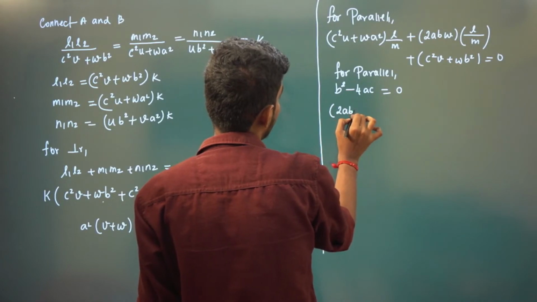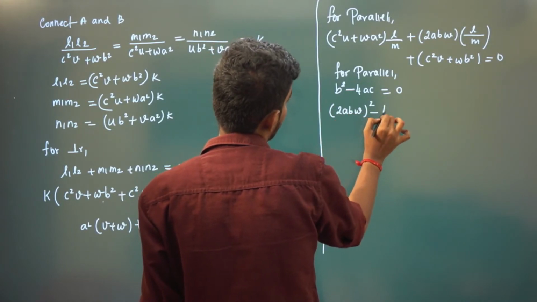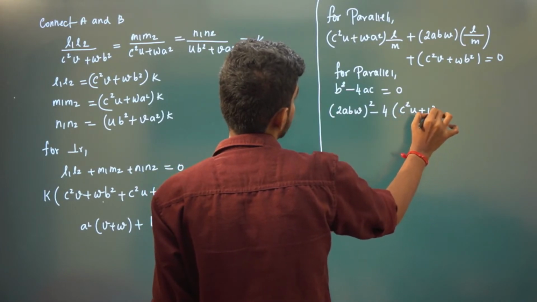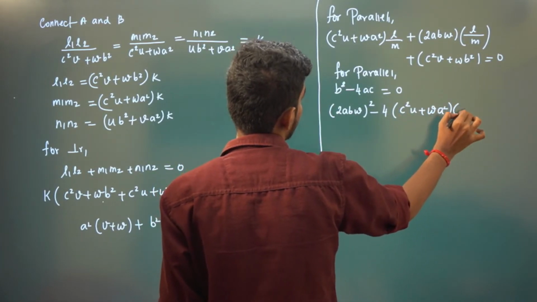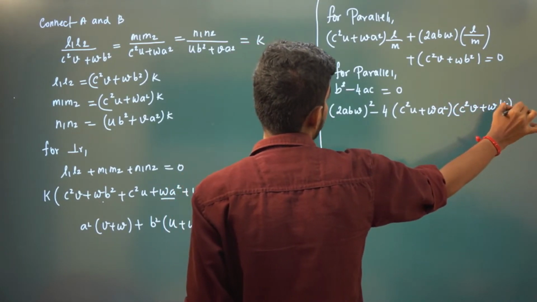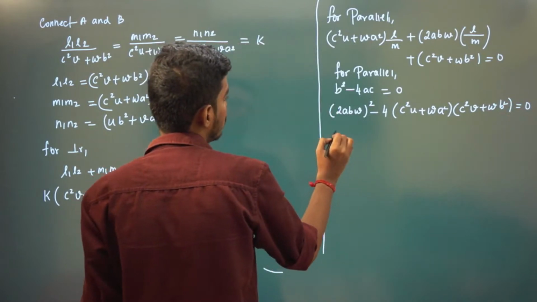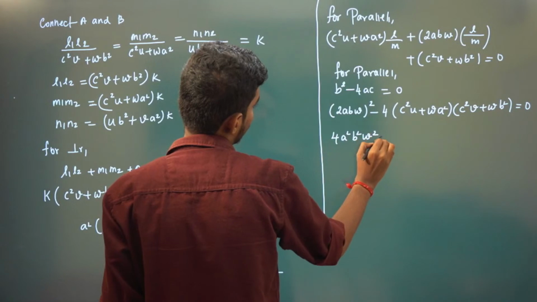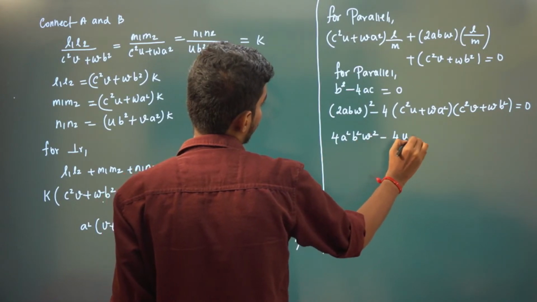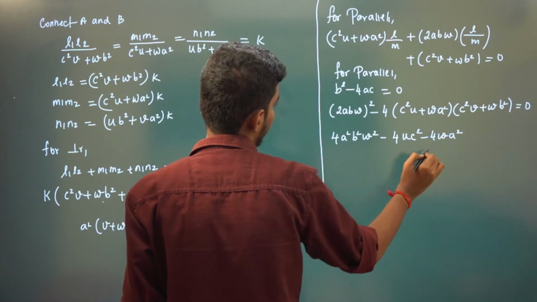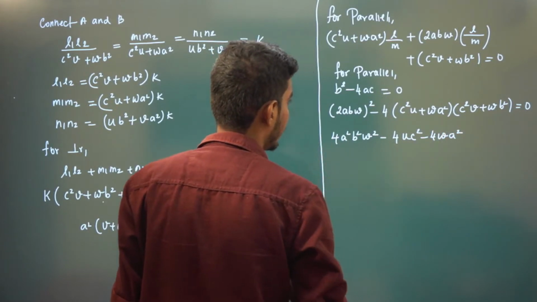So (2abw) whole square minus 4 times ac, c square u plus w a square, c square b plus w b square is equal to 0. Let's solve this. So it will be 4 a square b square w square minus 4 u c square minus 4 w a square. Oh, okay, just a minute.